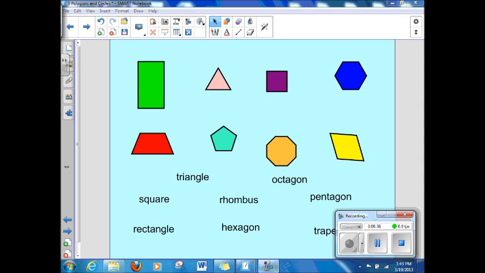On this screen, there's many polygons that you have already heard of before, or seen before, or talked about before. We're taking a minute now just to reacquaint ourselves and make sure that we're understanding which name goes with each one of these figures. So if we take a look at that first green figure, we see that, oh yes, I remember, that one is called the rectangle.